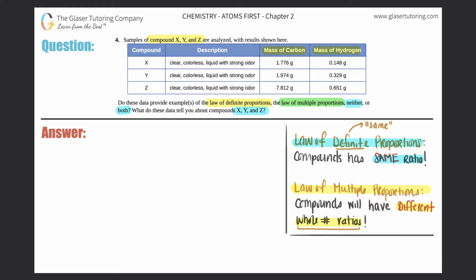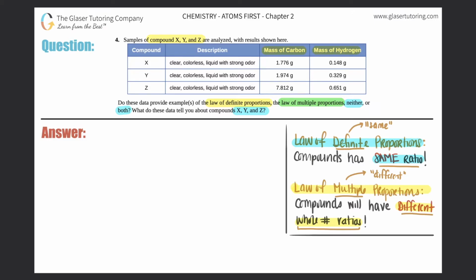So it should be able to be simplified down to just as easy as 1, 2, 3, 4, etc. So the key is, definite proportion, we'll see same ratio numbers. Multiple proportions, we'll see different. And multiple means we have multiple outcomes, which means different. So you can boil these two laws down by just looking at the third word of each. The law of definite proportions, same. The law of multiple proportions, different.